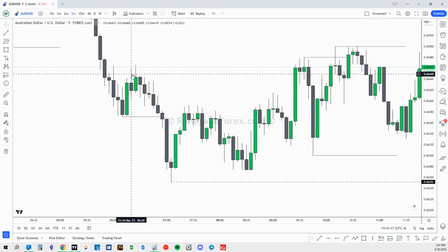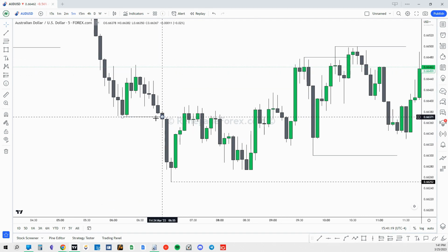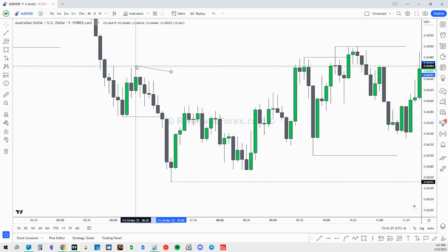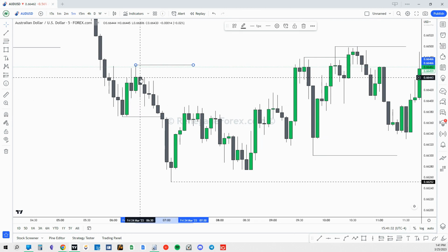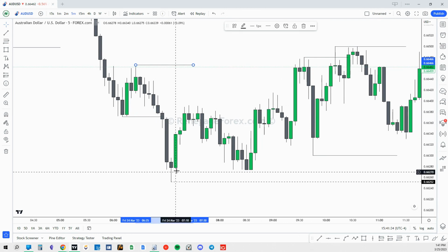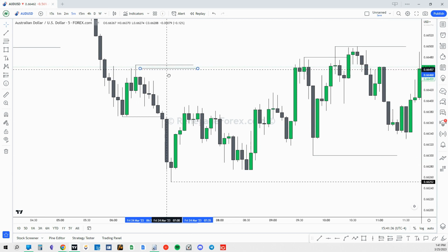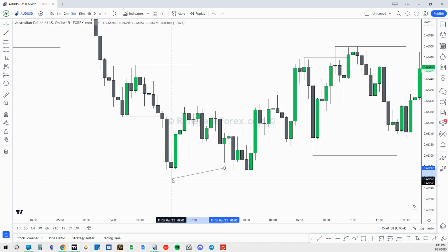So this is a pullback and then a continuation and a break of structure. At this break of structure, we can now say, okay, this is a newly created lower high. And then when we see price start to pull back, we can say, okay, now this is our newly created lower low.